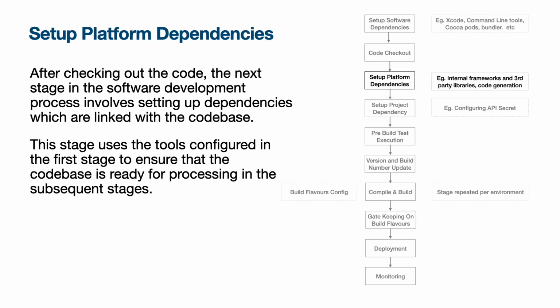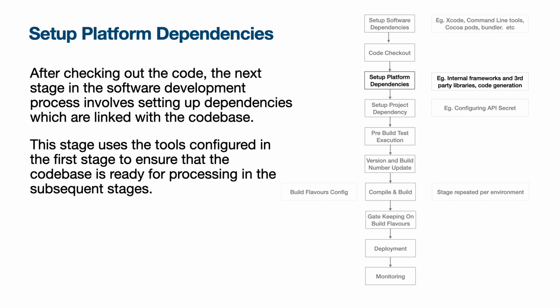Now let's move on to the next stage, setup platform dependency. After checking out the code, the next stage is the fetching of dependencies that are relevant to the code base. Typically, the third-party dependencies or massaging of the code base would not be committed to the repository.